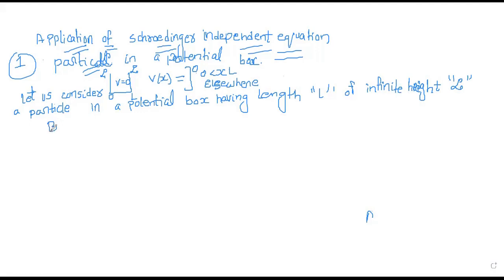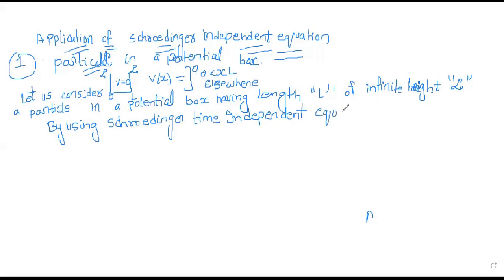By using the Schrodinger time independent equation, which we discussed in the last class, you are already aware of it. It is given by the second partial derivative of psi with respect to x, plus 2m by h bar square into E minus V, into psi, equal to 0.